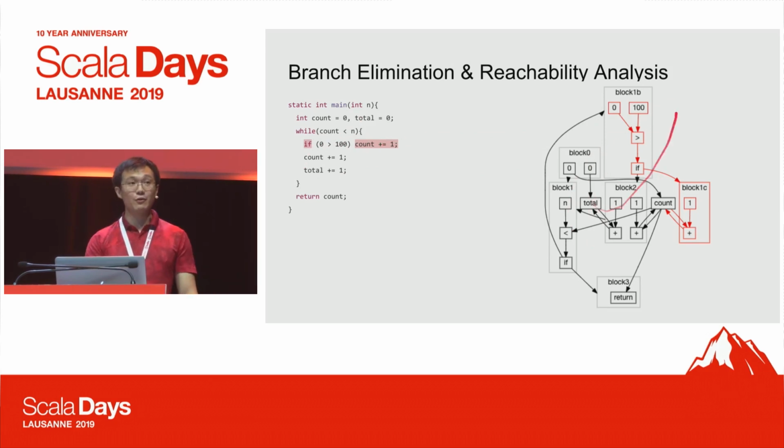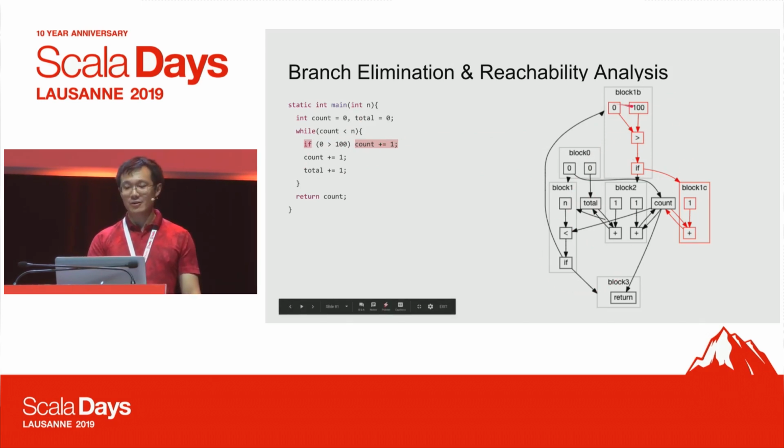So looking at the data flow graph, we can see that we have 0, 100, greater than. This is always going to be false. And so we can remove the false branch of the if statement and all of its downstream nodes in the data flow graph. So 1 plus this arrow are all in the true block and can be removed.